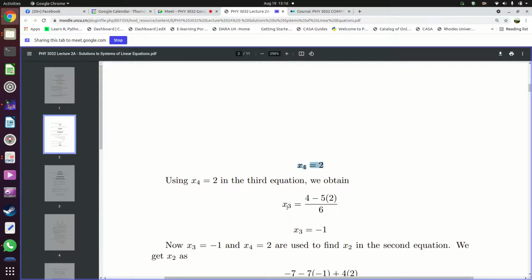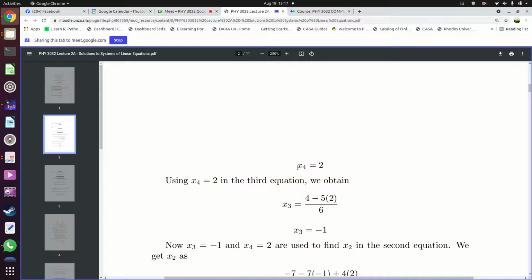Then our x3 is going to be (4 minus 5x4) divided by the coefficient in front of x3, which is 6. Our x4 is 2, so you put the 2 there, and you end up with x3 equals (4 minus 5 times 2) divided by 6, which gives x3 equals minus 1.